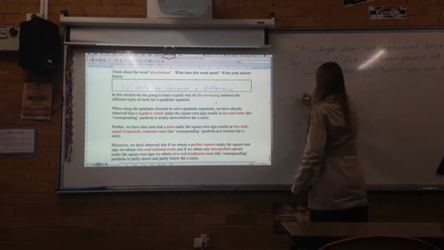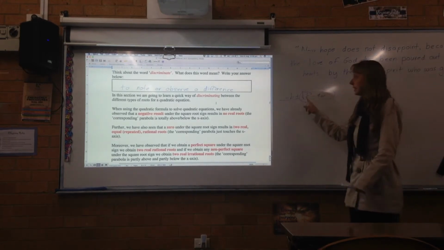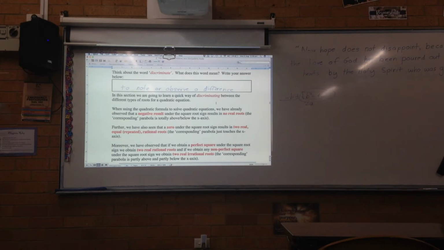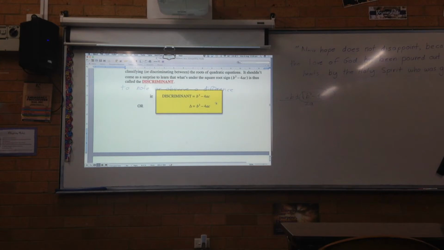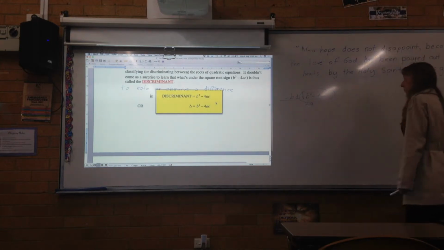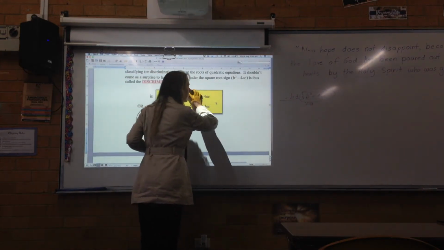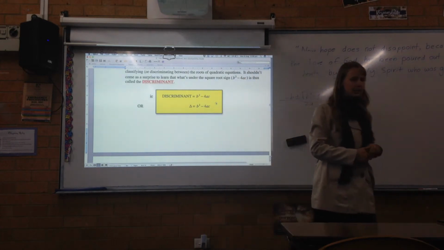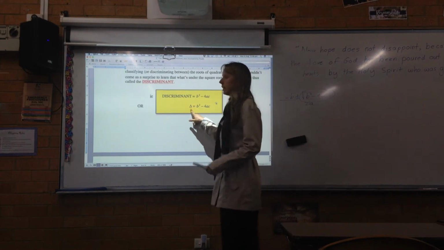So this part of the quadratic formula really tells us a lot about the roots, and hence we call this the discriminant. So the discriminant here is b squared minus 4ac. Notice that we do have a triangle. The triangle means the discriminant, and it is actually, believe it or not, a capital D in Greek.